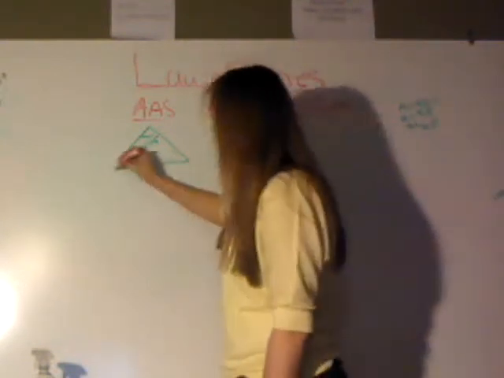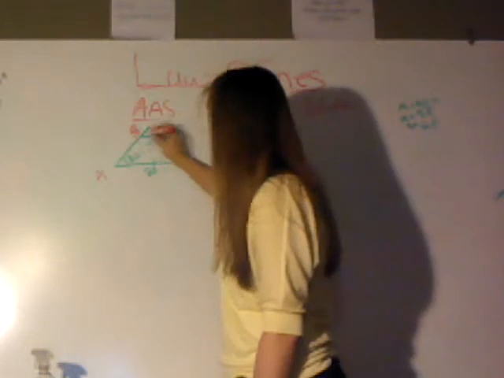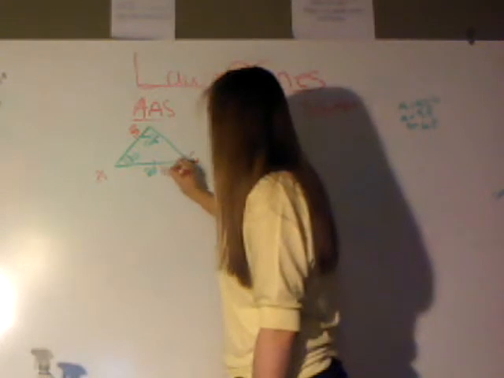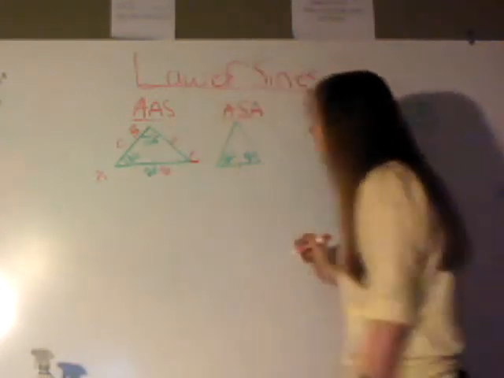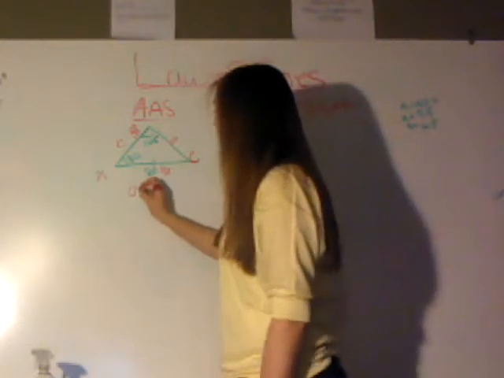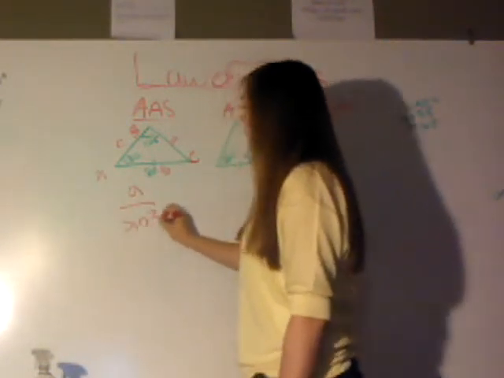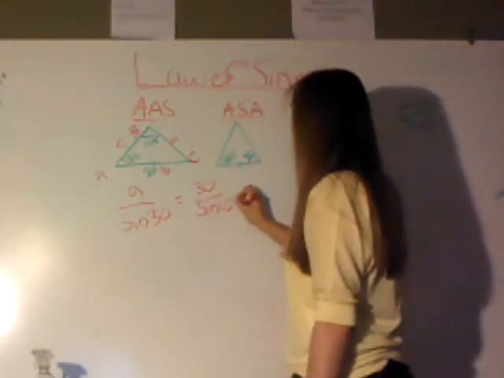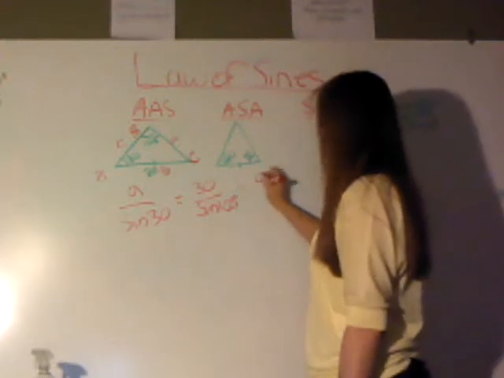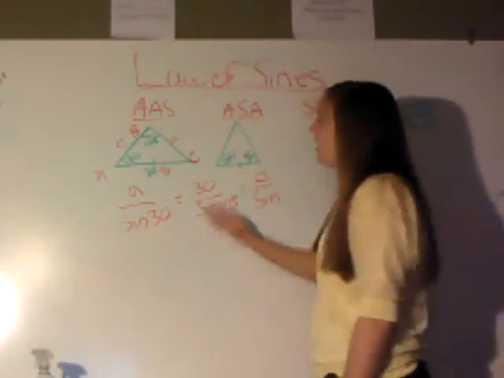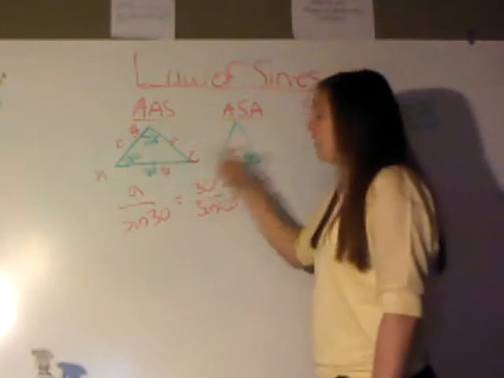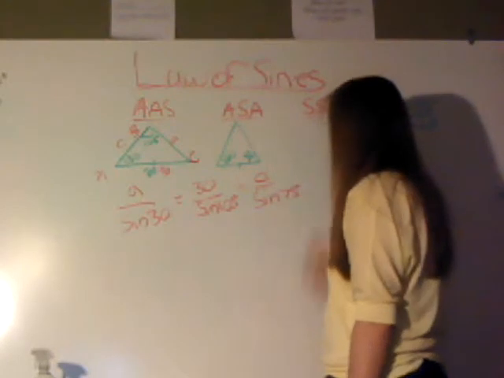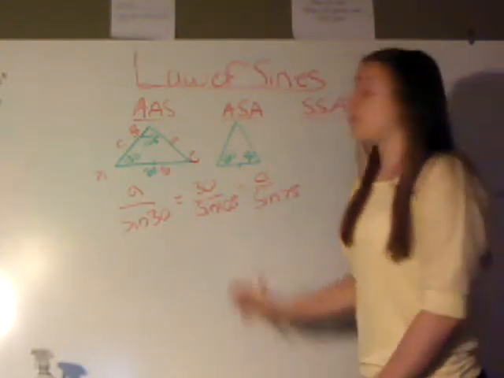So what we are going to do, this is going to be A, this is B, this is C. So that's going to be side C, side B, side A. So we have A over sine of 30 is equal to 30 over sine of 105 is equal to C over sine of C. And since each triangle is 180 degrees, we know that what's left over between 105 and 30 is 75 degrees.